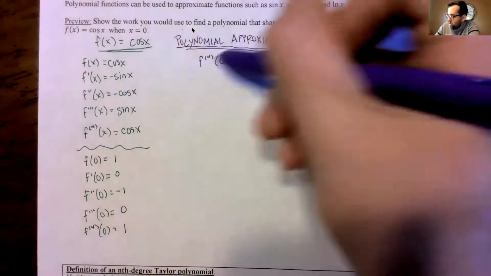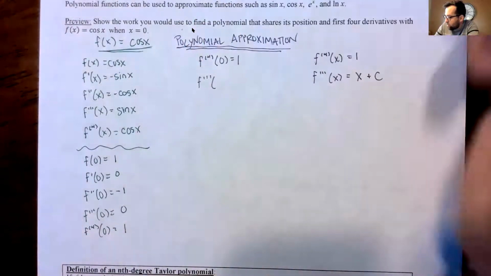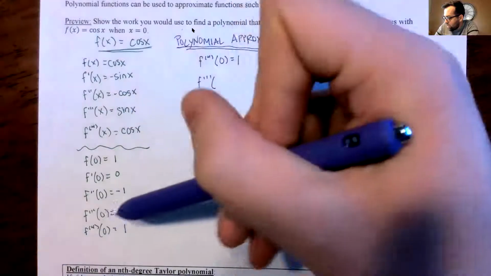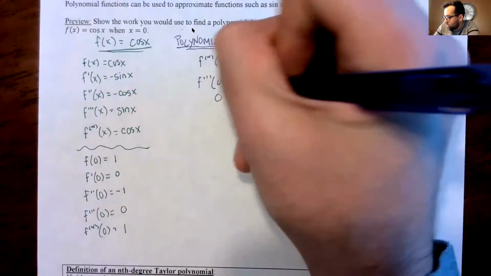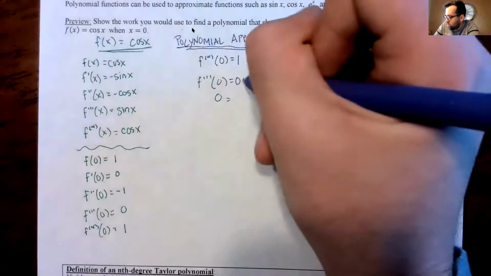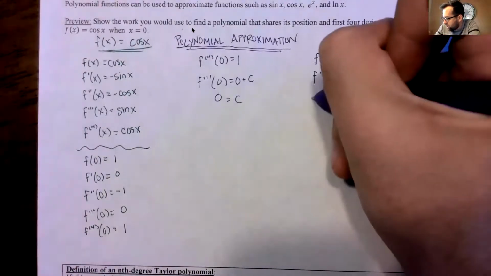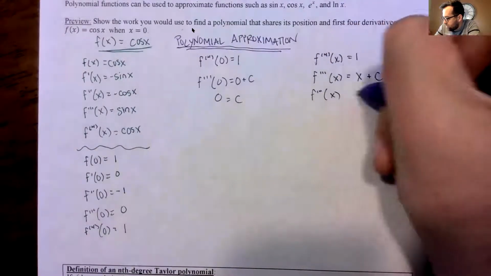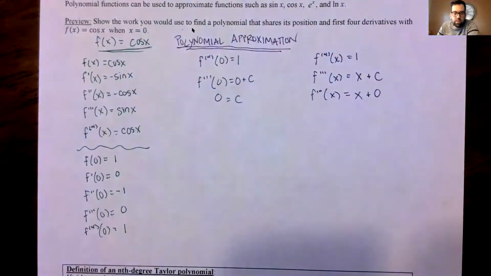Our third derivative at 0 equals 0. So I know that the third derivative of 0 equals 0 plus c, which is just c. So we have c is 0. So back over here, I could rewrite this as x plus 0. Okay, so we got our third derivative.